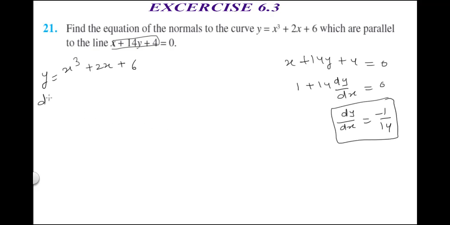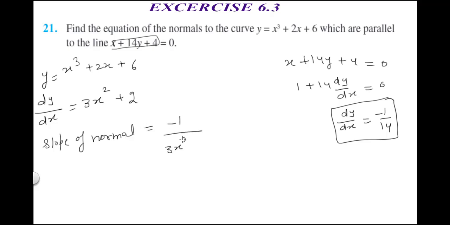Let us find out from here. dy by dx is 3x square plus 2. Correct. Now this is the slope of tangent. What will be the slope of normal from here? You can write slope of normal as minus 1 upon 3x square plus 2. Now we need to equate this slope and this slope. These two are equal, it is mentioned in the question. We have to find the equation of normal to the curve which are parallel to this line.